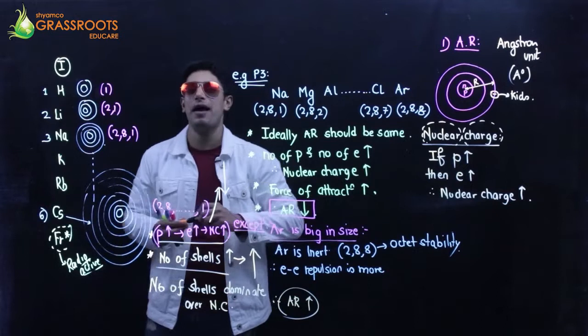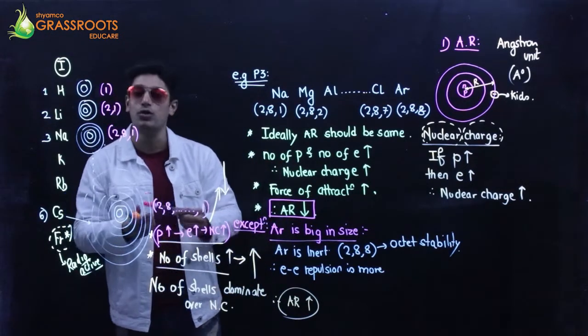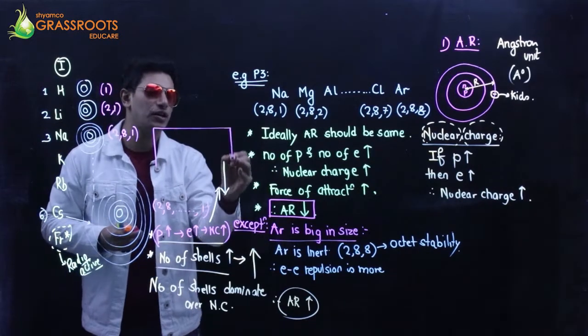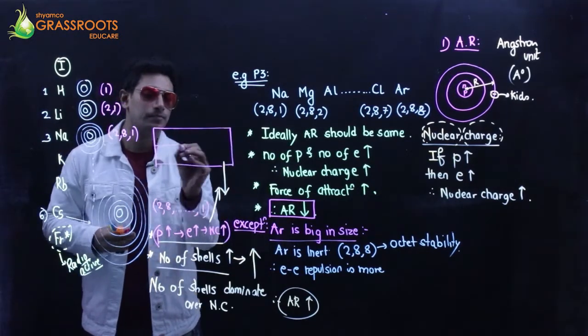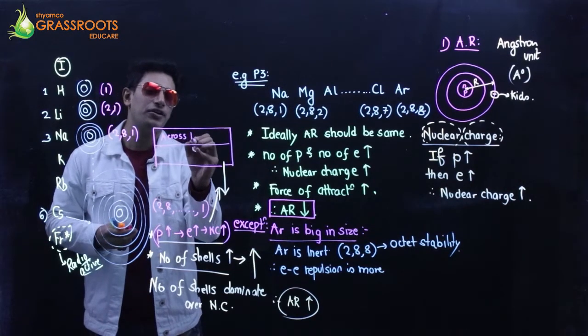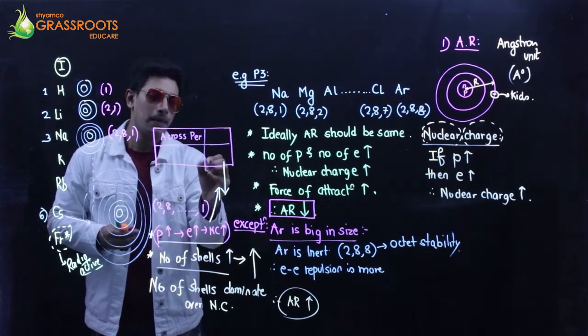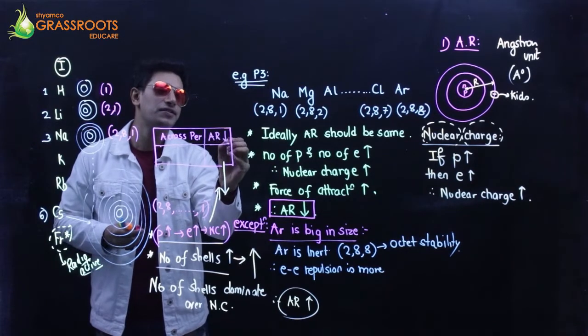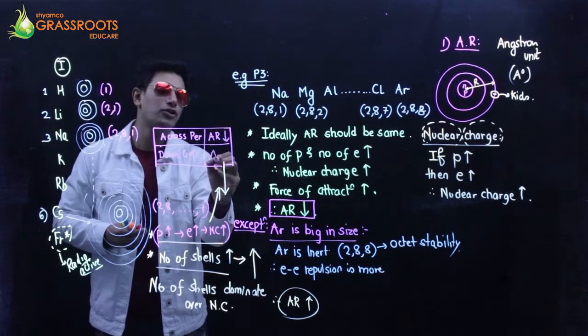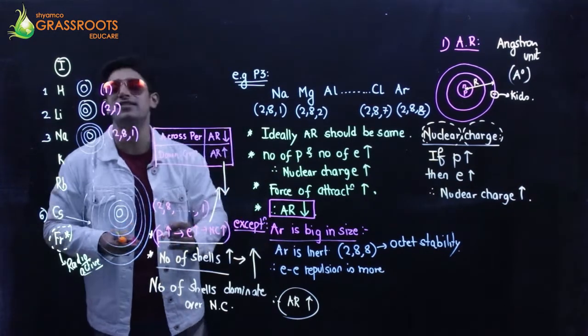So now guys, if I summarize it, remember a summary to be written out here. Across the period, atomic radius decreases, and down the group, atomic radius increases. This is the summary.